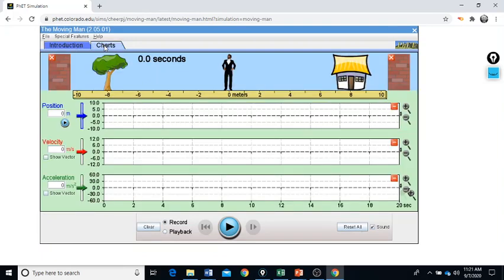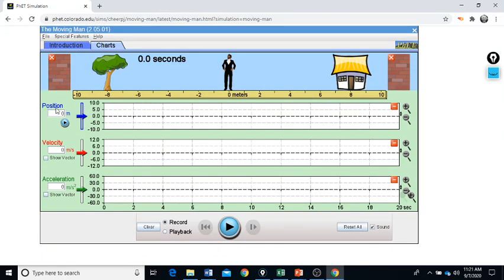So if we look at charts now, here we can see that we've got the same quantities, position, velocity, and acceleration. We can also decide to show vectors here. And we're going to be generating a plot now of position, velocity, and acceleration as a function of time. And we can toggle the same settings by moving the cursor here.